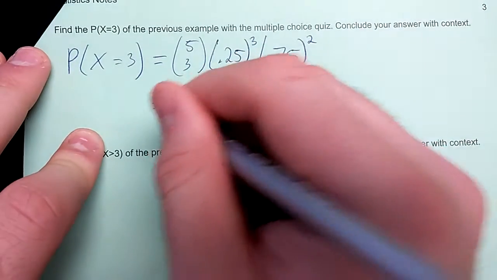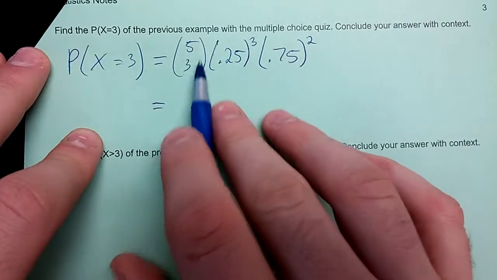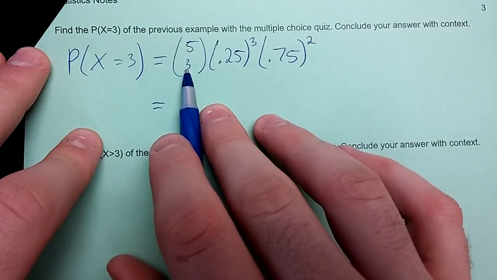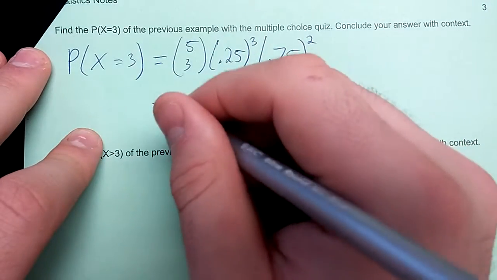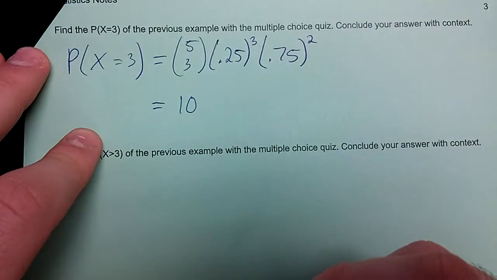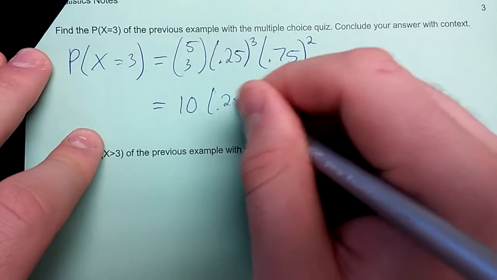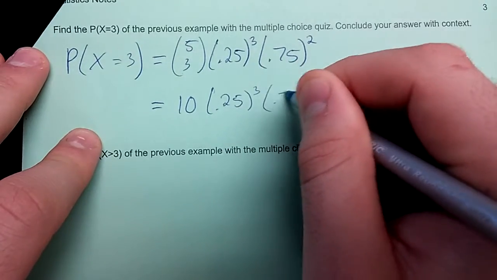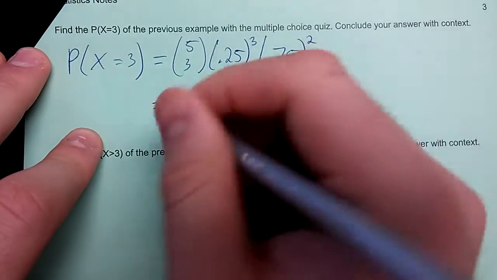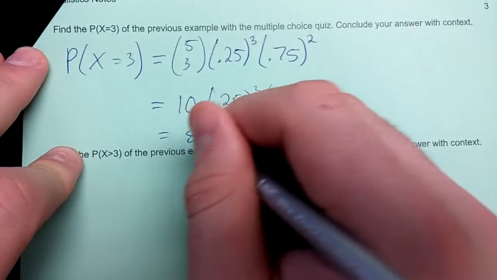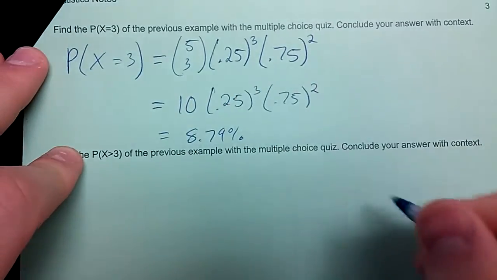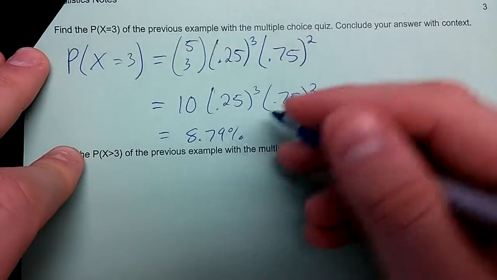So when you do that, and you type this in your calculator, the number of ways to arrange 3 things out of 5 is 10. 10 different ways. And then I'm just going to rewrite these down here. And when you calculate it all out, you get 8.79%. So conclude your answer with context.